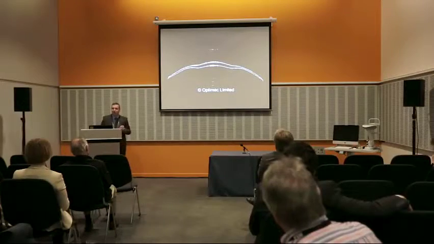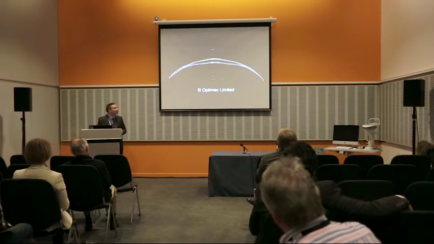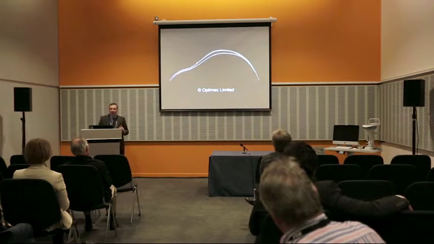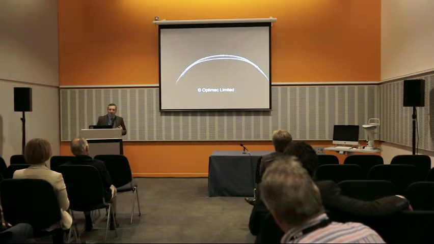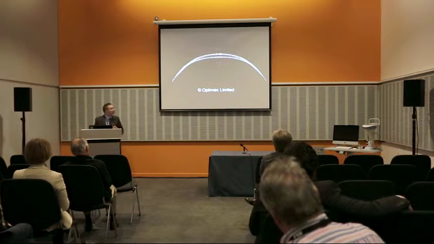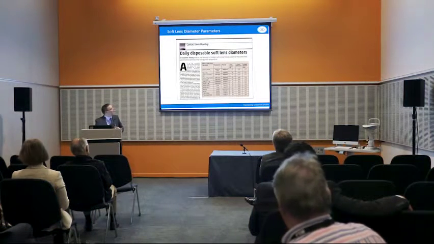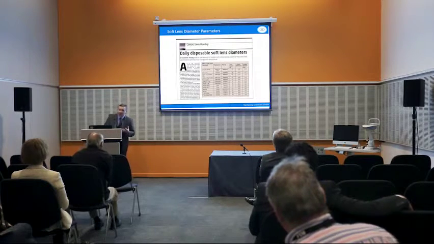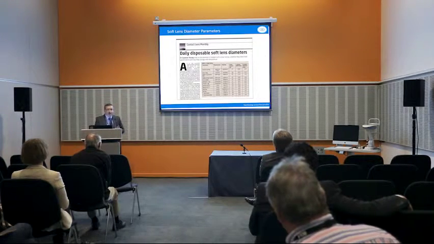There are moves and there's some new instrumentation coming on the market that will allow that, but for now, our sense of what's on the label and what the manufacturers can measure and repeat is not necessarily what you're getting. And that also changes, particularly with soft lenses, with the lens on the eye.